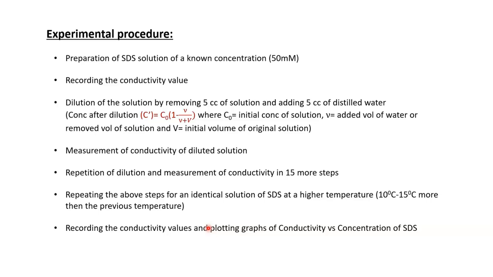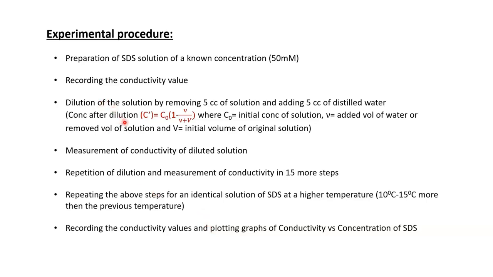Dilution of the solution by removing 5 cc of solution and adding 5 cc of distilled water. Here what we are doing is we are removing some solution and we are adding the same amount of water. That means we are reducing the concentration by removing some solution and adding some pure solvent.